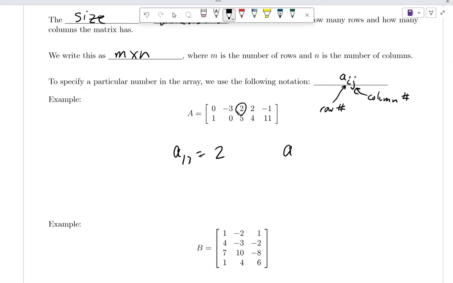If I want A sub 2-5, that would be 11. Now, if I wrote down 3-1 to start with, there isn't one there, so that's just undefined, right? A is a 2x5 matrix.